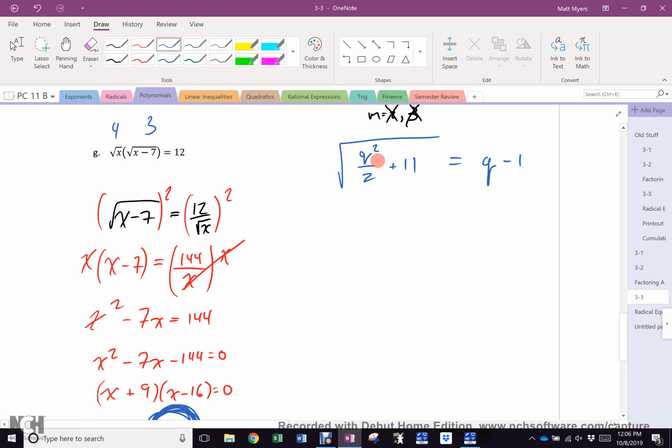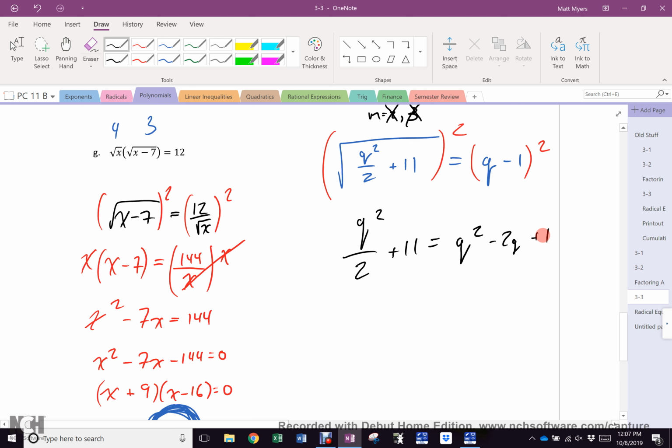So, of course, is this isolated already? So, of course, you square both sides. And you get q squared over 2 plus 11 equals q squared minus 2q plus 1. Now what bothers you? That 2. So you multiply this side by 2, you multiply this side by 2.